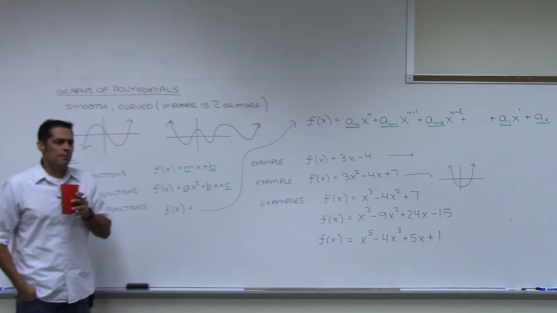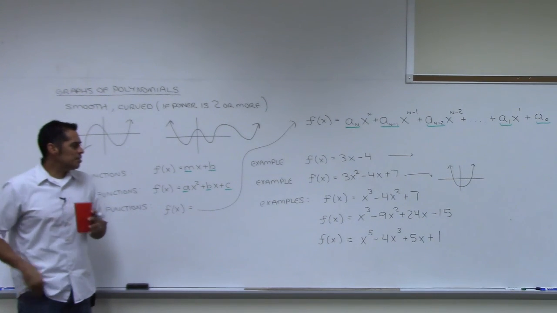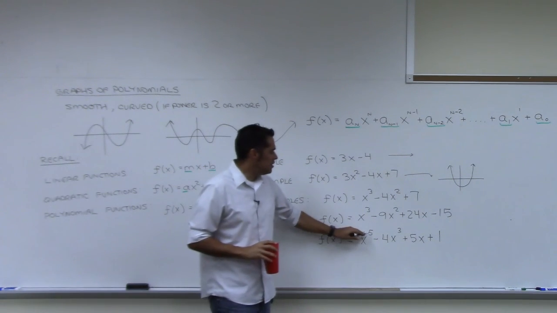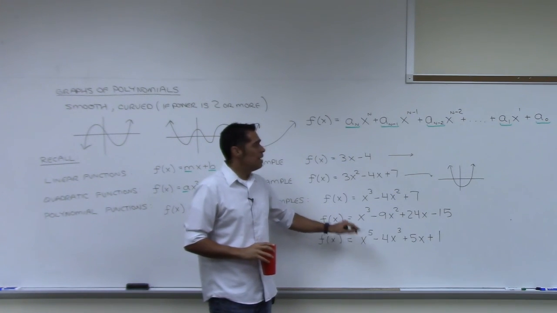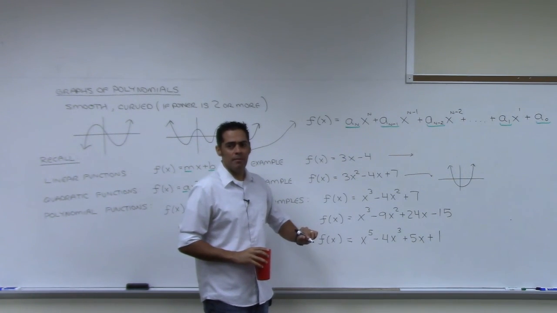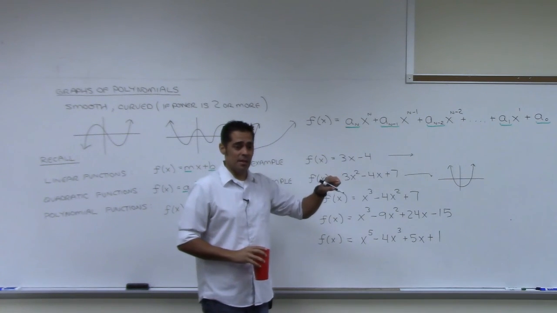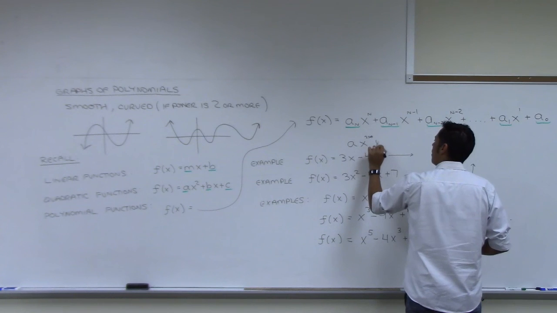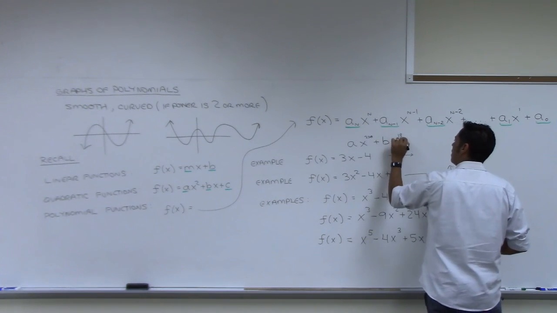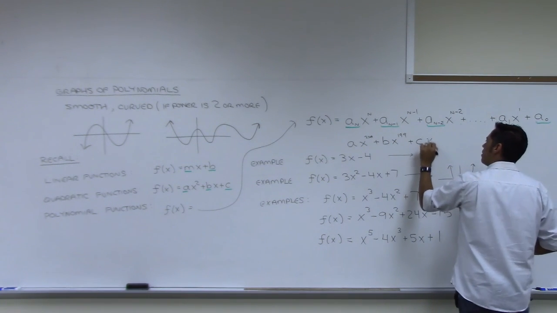Because in our alphabet we have 26 letters, and I just told you that the highest power on this is not limited. I could have x to the 200th power. If I had x to the 200th power and you tried to use a, b, and c, it would look like this: a x to the 200th plus b x to the 199 plus c x to the 198.